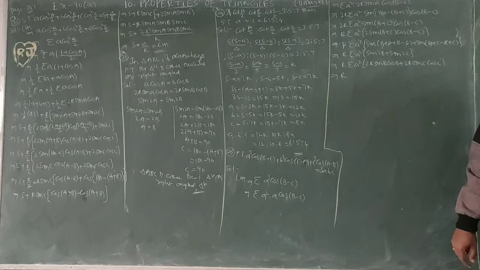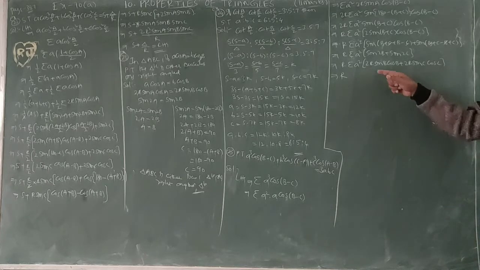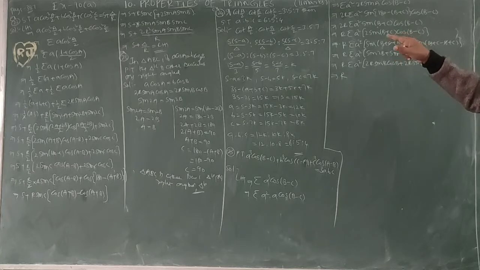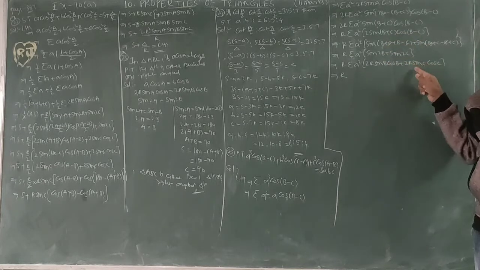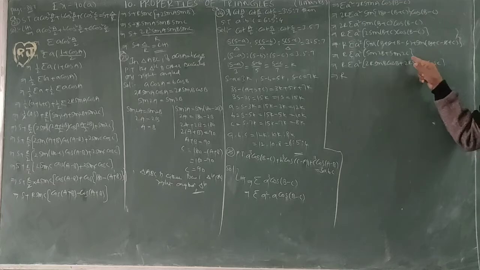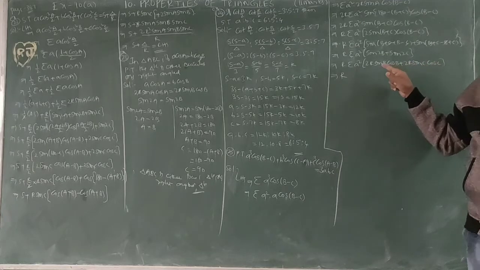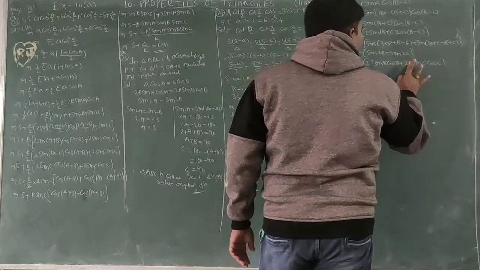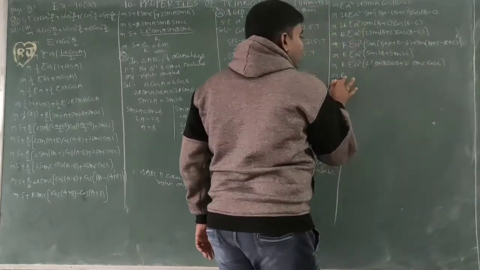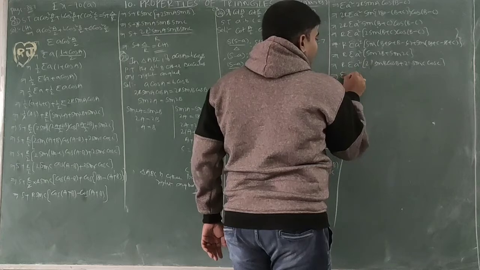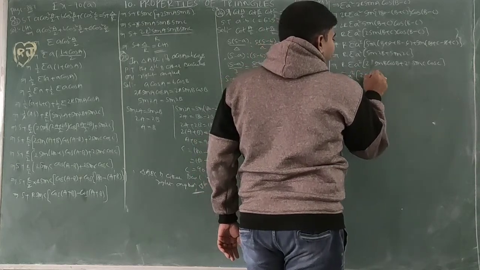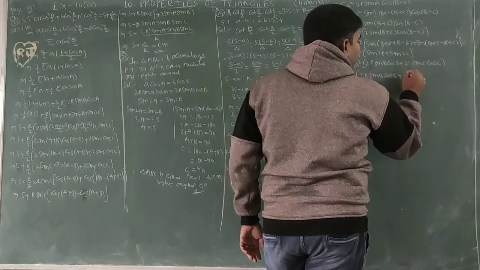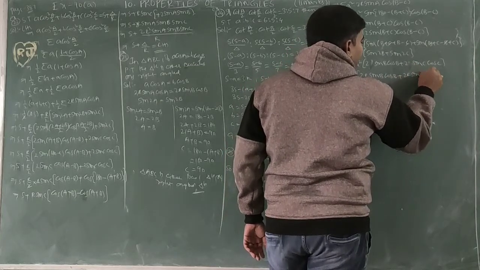Next, 2R sin B is equal to b, 2R sin C is equal to c, and sin 2B is 2 sin B cos B, sin 2C is 2 sin C cos C. So R inside sigma a square (2R sin B cos B plus 2R sin C cos C).